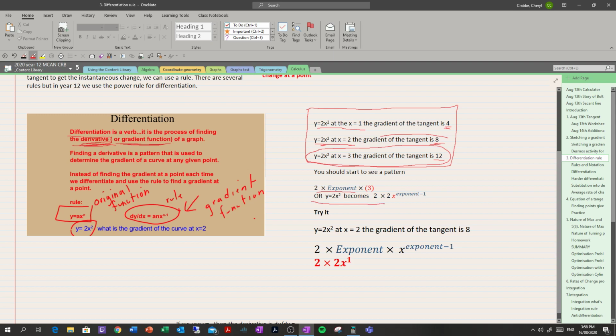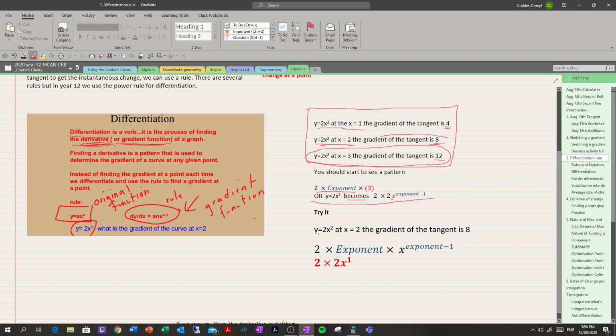So basically y is equal to 2x squared becomes 2 times 2, basically 2 times the exponent, times x, but x with the exponent minus 1. You're taking 1 off the exponent each time.